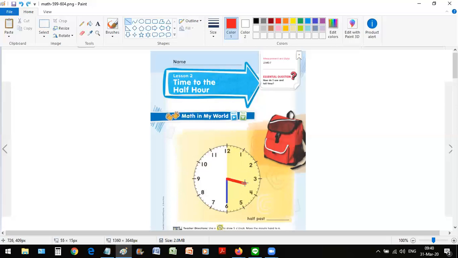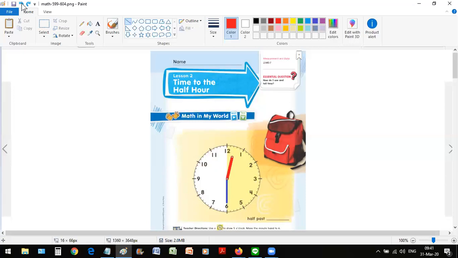This would be called half past 3. Half past 4, half past 5, half past 6, half past 7, half past 8, half past 9, half past 10, half past 11, half past 12, and so on.